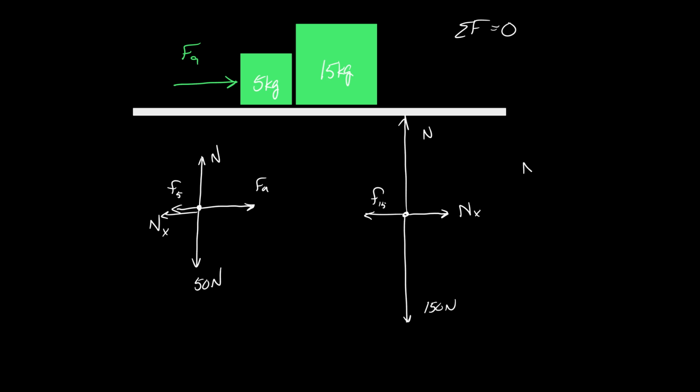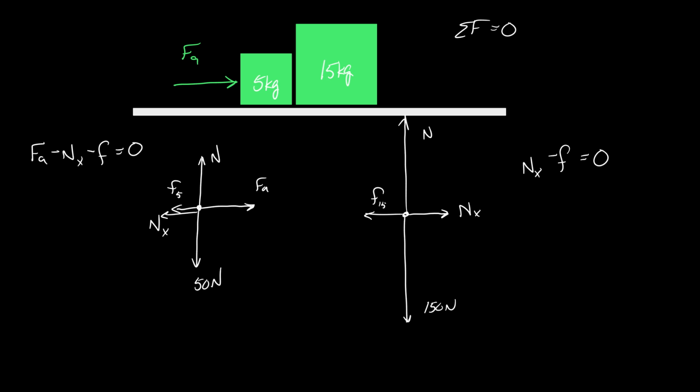So we know the net force is 0. So this one, NX minus the frictional force equals 0. The other box, FA minus NX minus the frictional force equals 0. Any question about those choices?